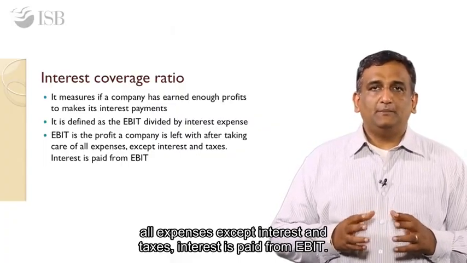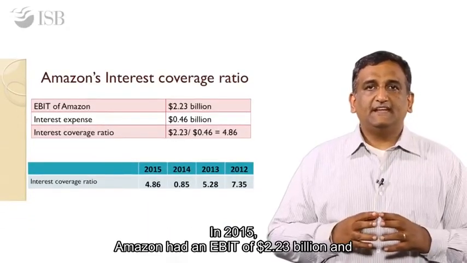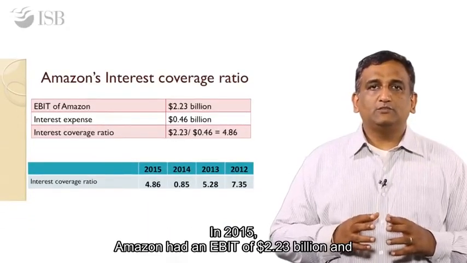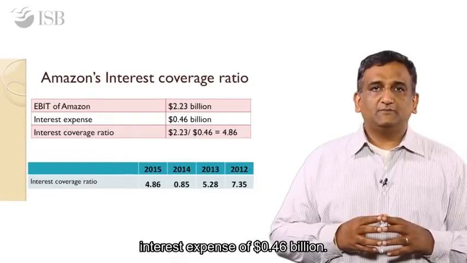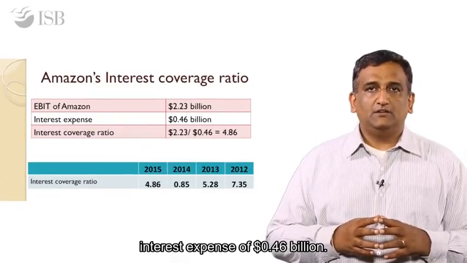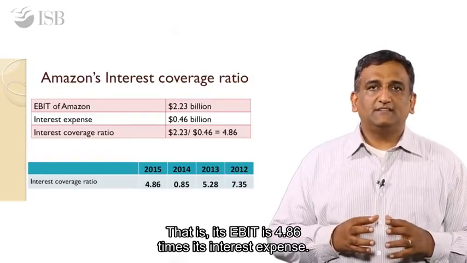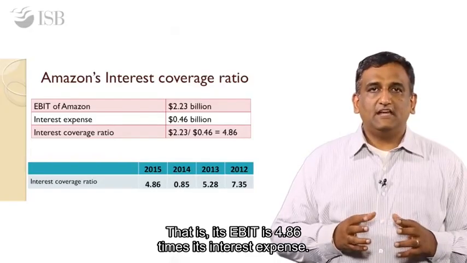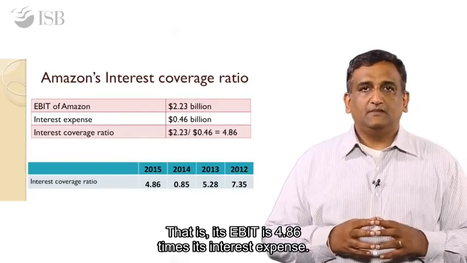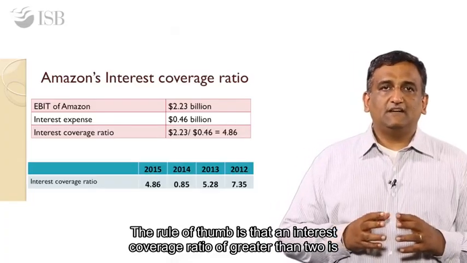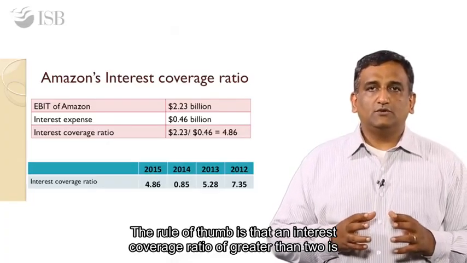Interest is paid from EBIT. In 2015, Amazon had an EBIT of $2.23 billion and interest expense of $0.46 billion. The interest coverage ratio works out to be 4.86, that is, its EBIT is 4.86 times its interest expense. The rule of thumb is that an interest coverage ratio of greater than 2 is good.